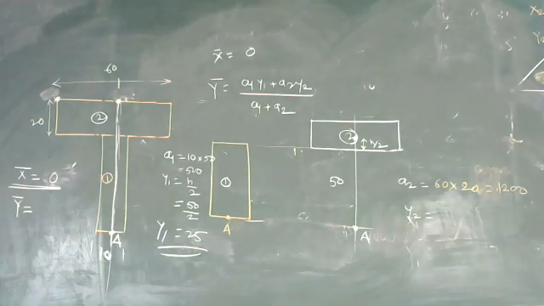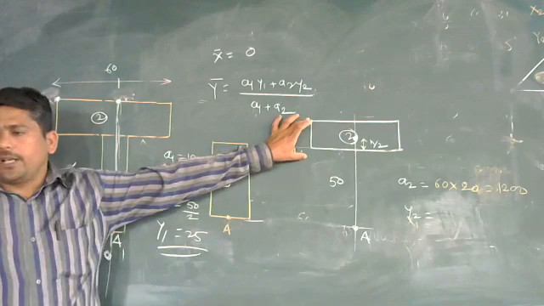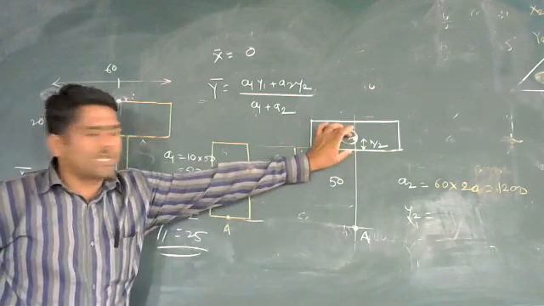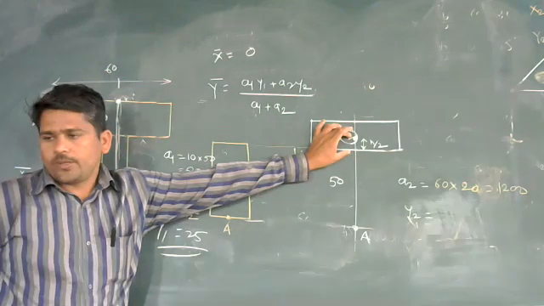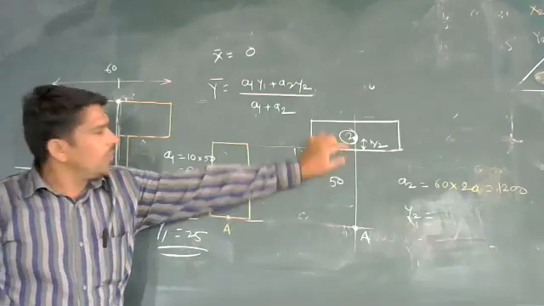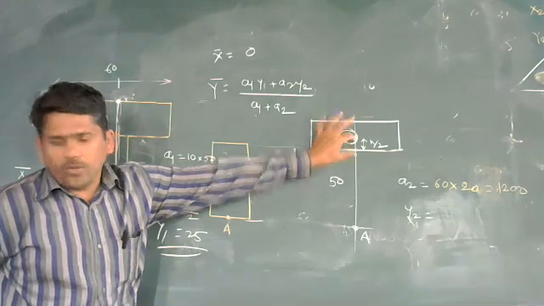Am I right or wrong? See here, again I am repeating this. For this standard rectangle I know that the horizontal distance is x by 2 and the vertical is h by 2. Right now I do not need x by 2. So what will be this distance? This distance is h by 2. But from where are we required to measure?